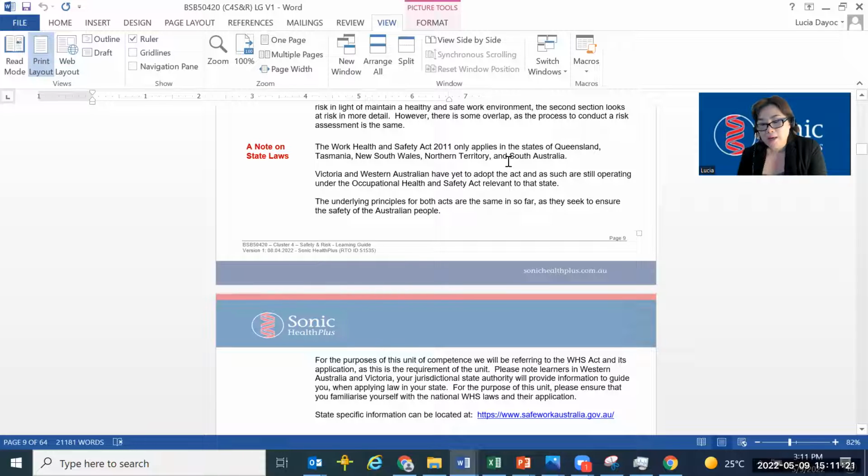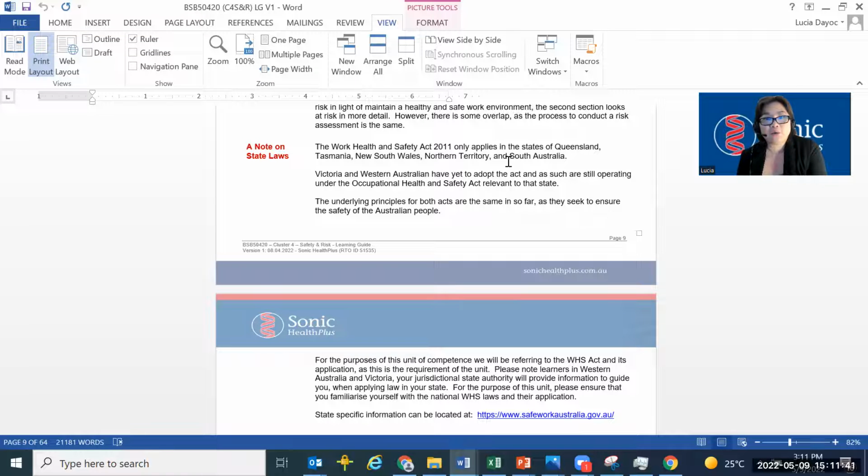Okay, so now when it comes to work health and safety, we are talking about ensuring that there is safety within the workplace in a particular work area. So if you notice, we're being very specific in the title.